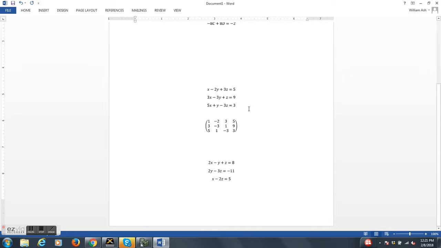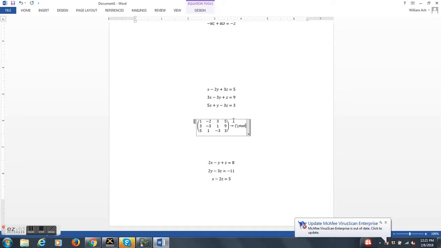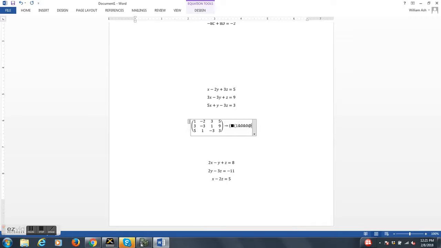So what I'm looking to do is to turn this, x minus 2y plus 3z equals 5, if I'm able to do some manipulation on these matrices, which I can, and I could turn them into, let me do this again, 1, 0, 0, and 0, 1, 0, and 0, 0, 1.